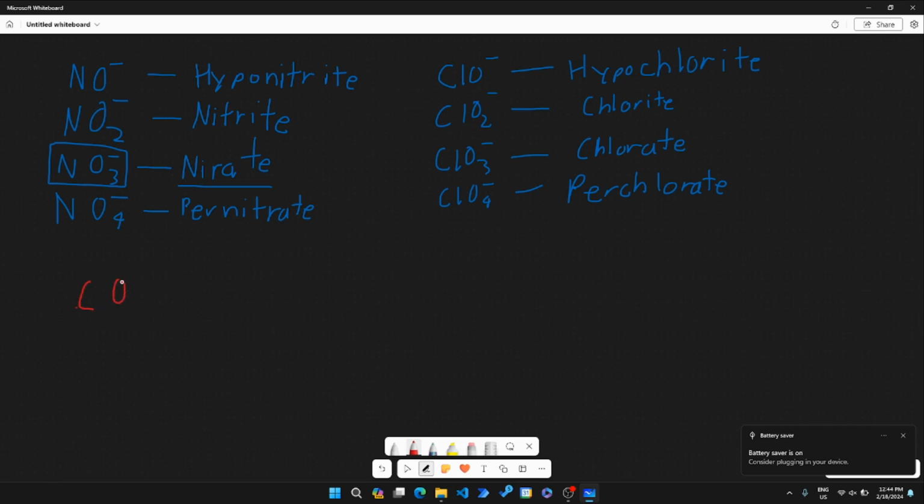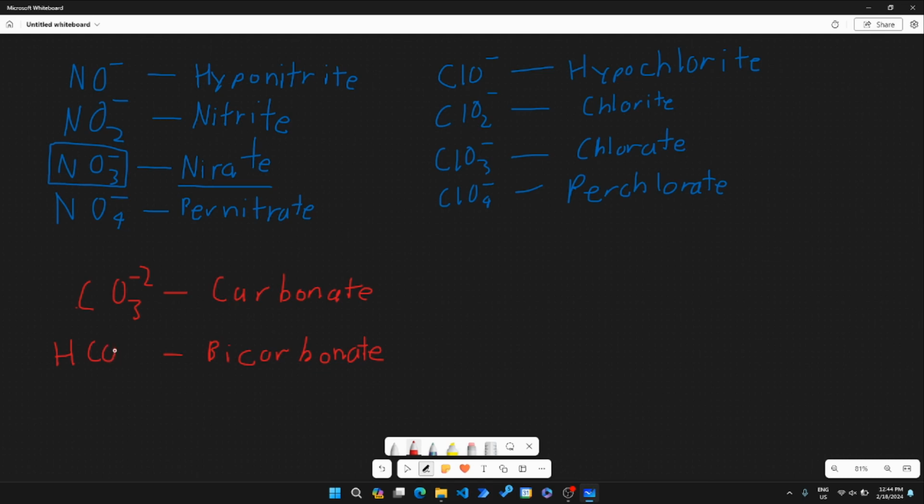So carbonate is CO3 minus 2. Now, if we add a bi in front, in the case of bicarbonate, this means that we're adding a hydrogen in front. And whenever you add a hydrogen, the charge gets higher by 1. So it goes from -2 to -1. So this becomes bicarbonate, which is HCO3 minus.